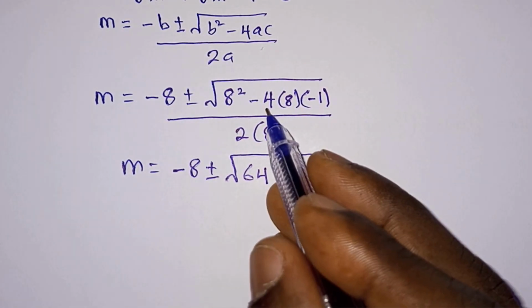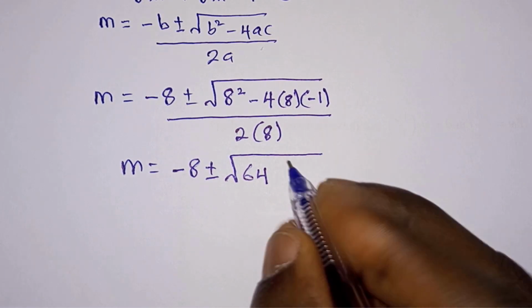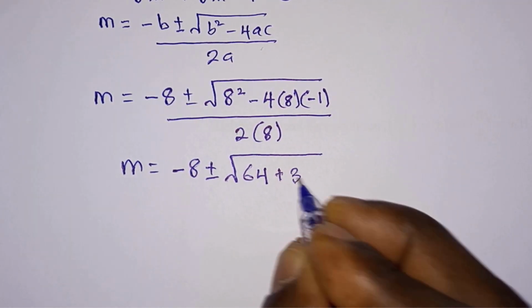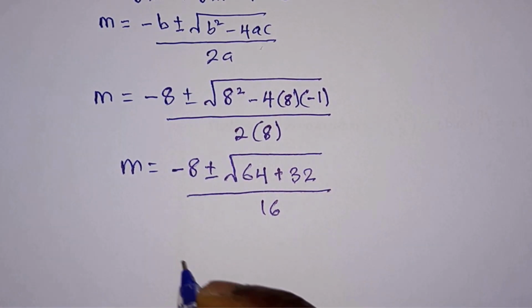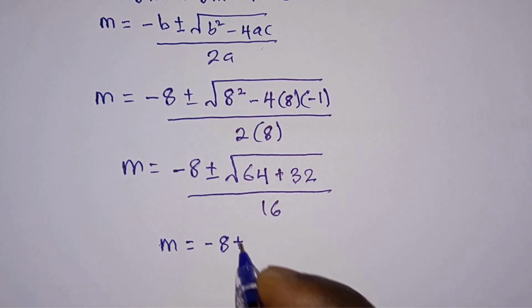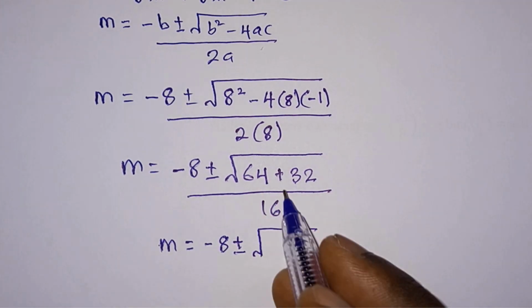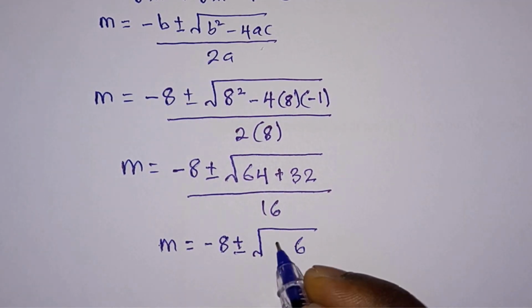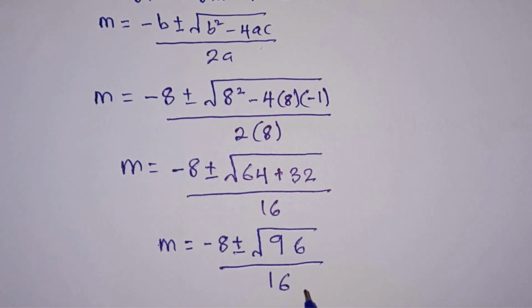Then we have -4 times 8, that is -32, times -1 to be +32, divided by 16. So m is equal to -8 plus or minus square root of 64 plus 32, we have 96, divided by 16.